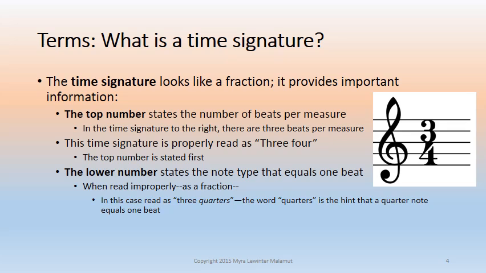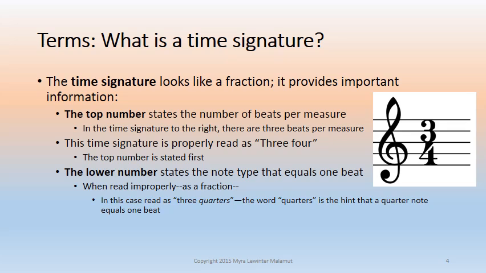The lower number of the time signature states the note type that equals 1 beat. And the best way to figure that out is to read the time signature improperly, read it as a fraction, say 3/4, because as a fraction we could say this is 3/4. And it is the word quarters that gives the hint that it is a quarter note that equals 1 beat.